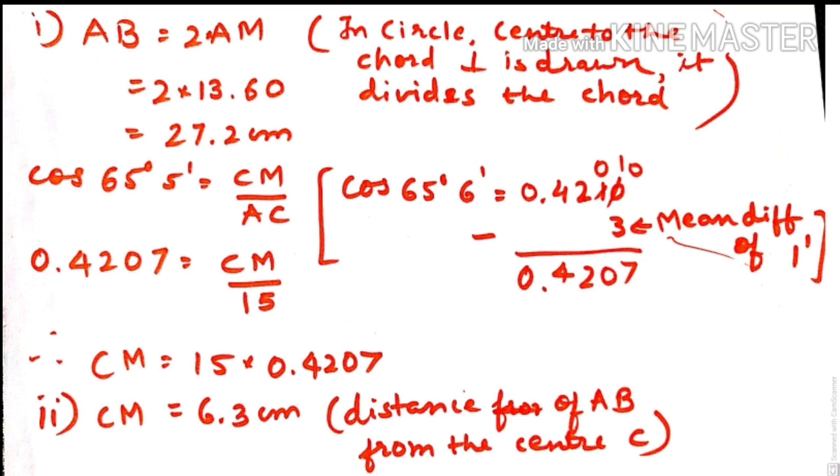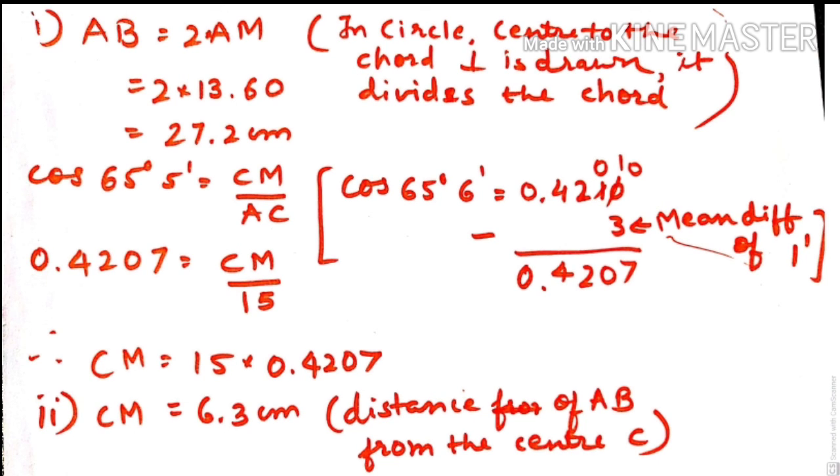The mean difference of 1 is 3, which we have to subtract. We have already studied in our previous video that for sine and tangent the mean difference is to be added, and for cosine the mean difference is to be subtracted from the fourth digit value. So by subtracting it I get 0.4207. I place that at cosine 65 degrees 5 minutes.